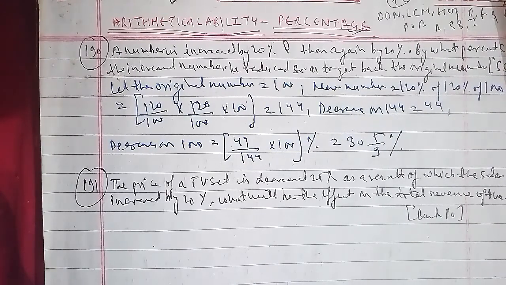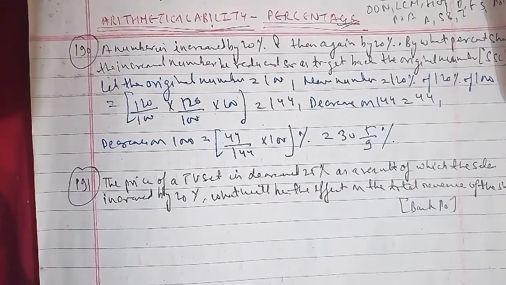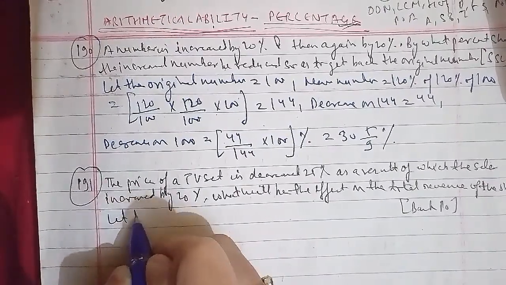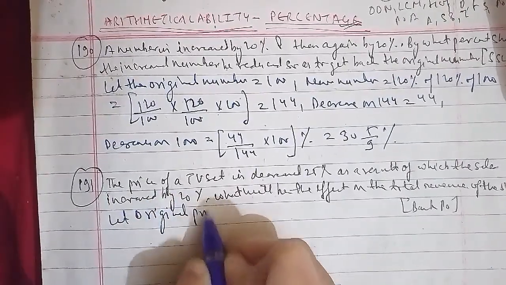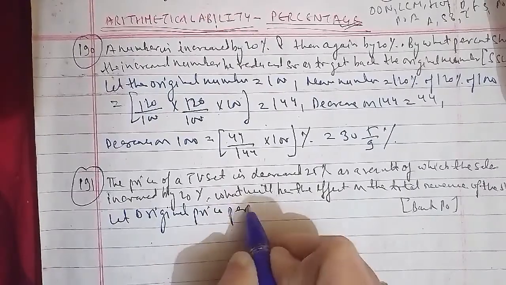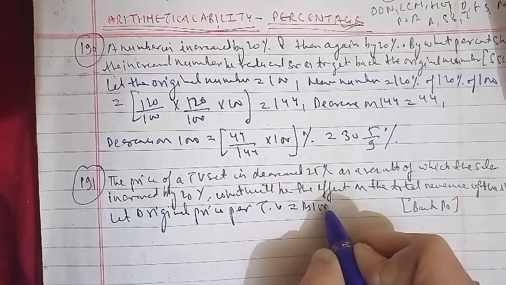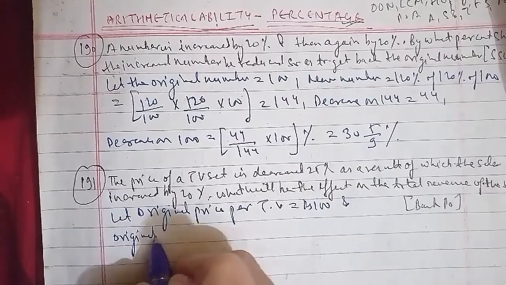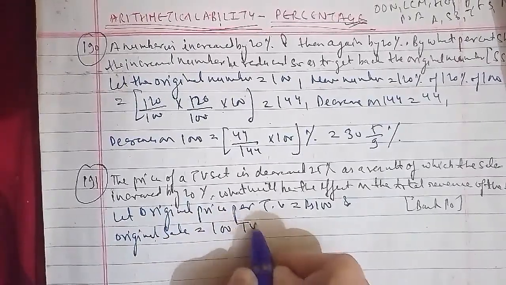Let the original price per TV be rupees 100 and the original sale equal 100 TVs.